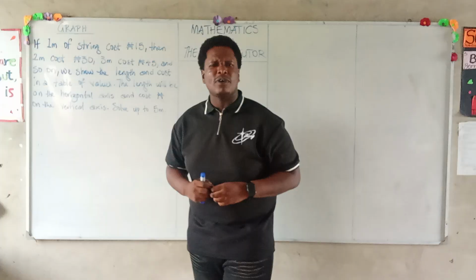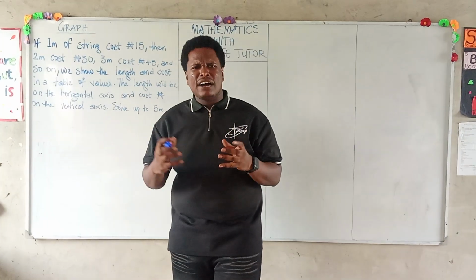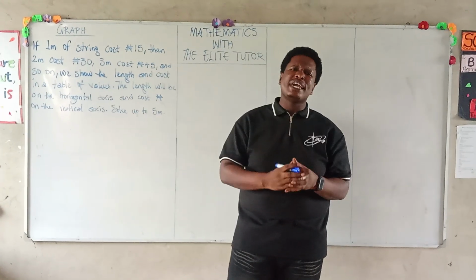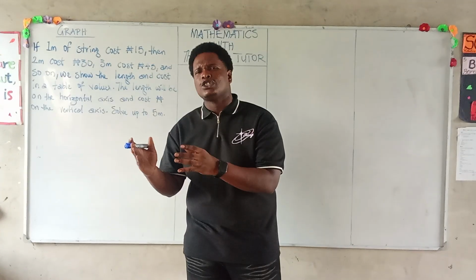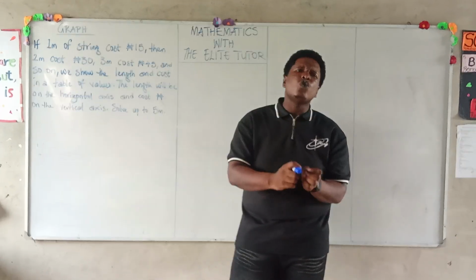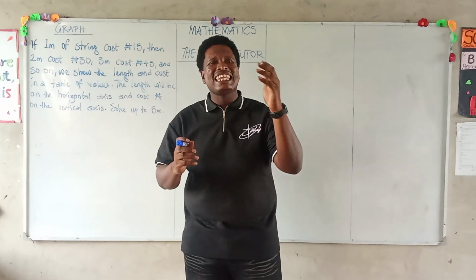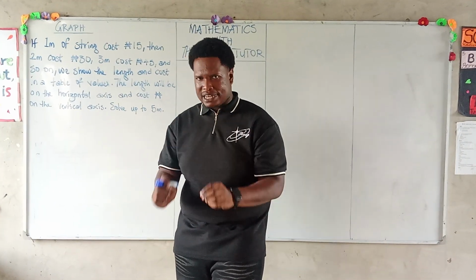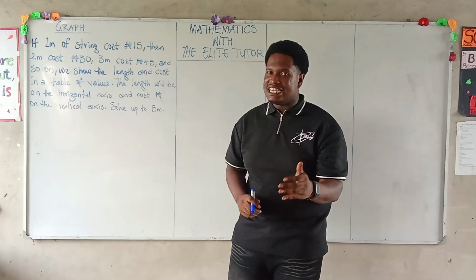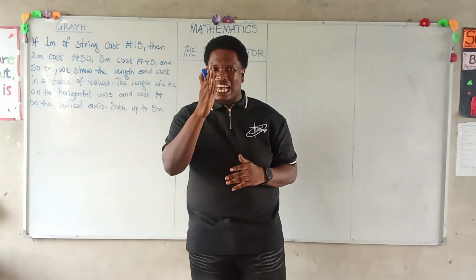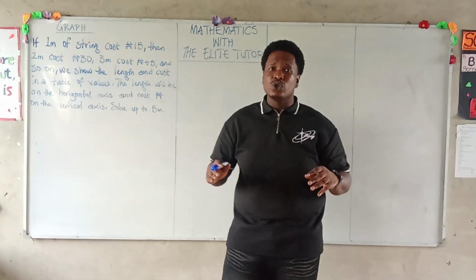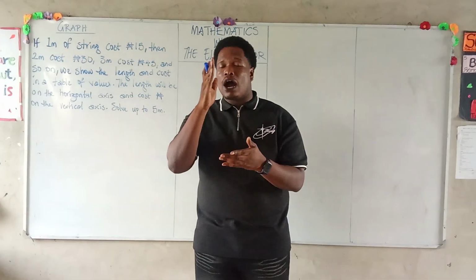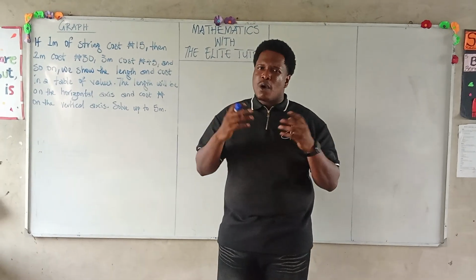Now, when we hear the concept of graph, what do we mean? Graph can be defined as a visual way of showing the relationship between two variables using lines and curves on a coordinate plane. And when we say coordinate plane, we are simply looking at our x-axis and our y-axis.